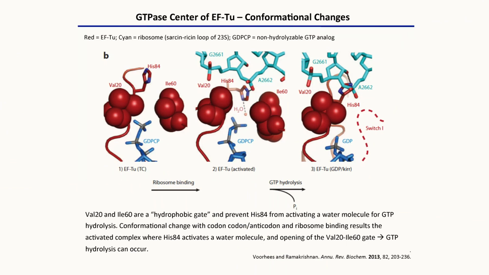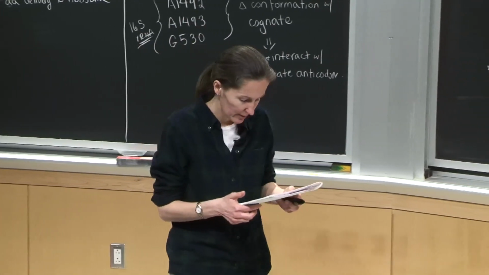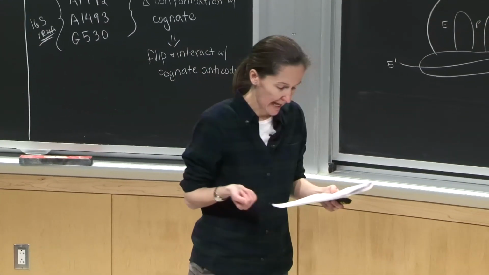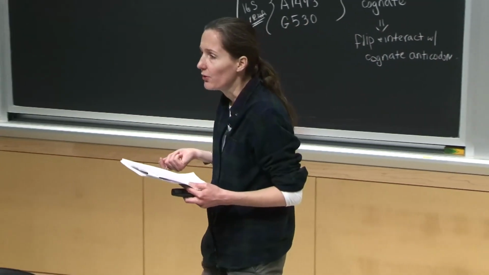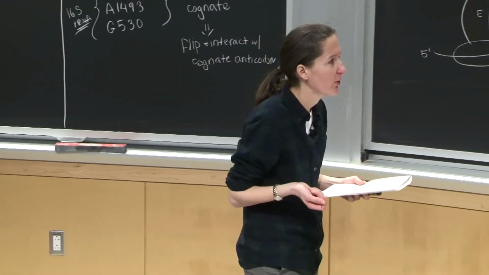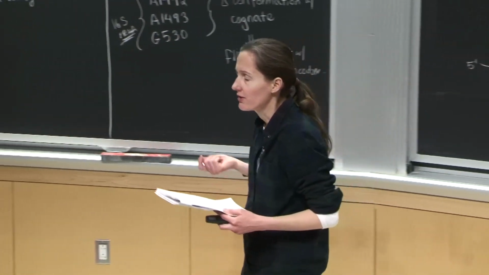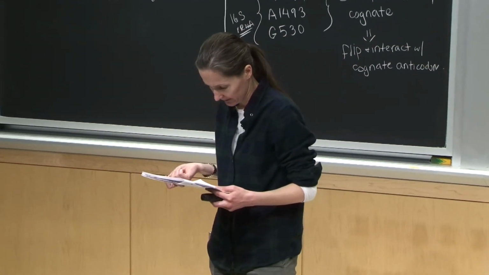And so what do we see? Effectively, 2 residues, isoleucine 60 and valine 20, have been described as a hydrophobic gate in the GTPase center. The idea is that if this gate is closed, it prevents a certain histidine residue, histidine 84, from activating a water molecule, which then allows for the GTP to be hydrolyzed.